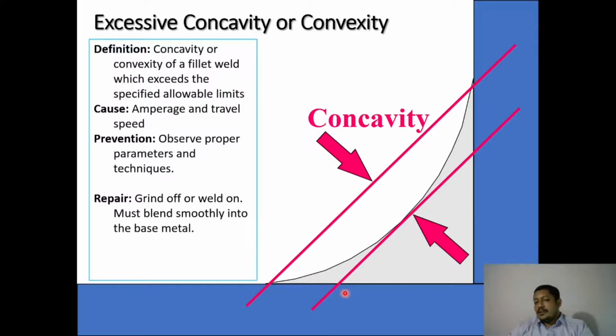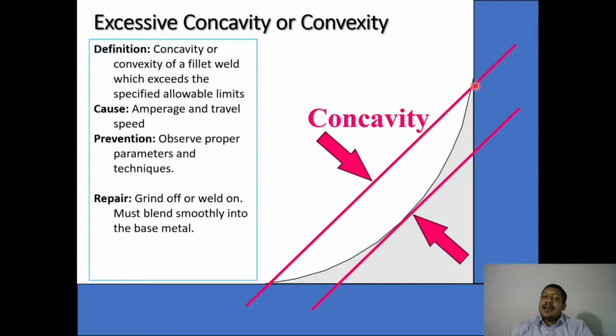The weld has to come within this limit, as a profile like this. Instead of that, it extends from this point to this point and from this point to this point onto the other plate by some amount. That is defined as concavity in the case of a fillet joint.